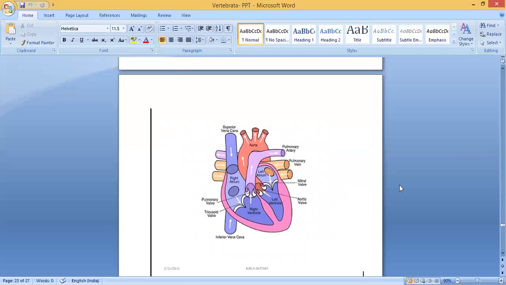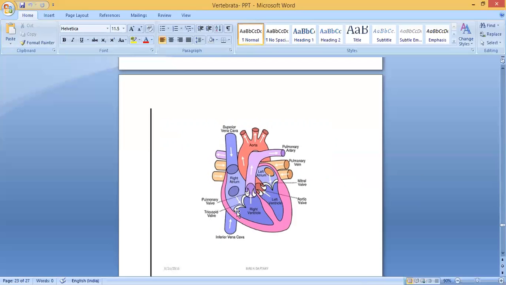Then if you are taking the heart, there is a right atrium or right auricle, left atrium or left auricle, right ventricle, left ventricle. Atrium is also known as auricle. And which are the blood vessels coming out from each one? These are the valves. The valve between these two is the pulmonary valve.